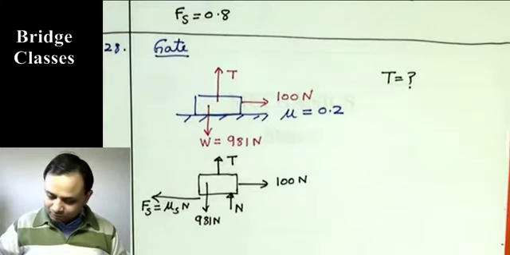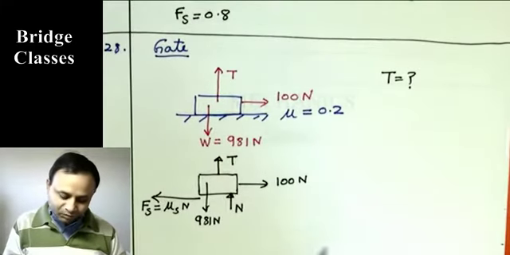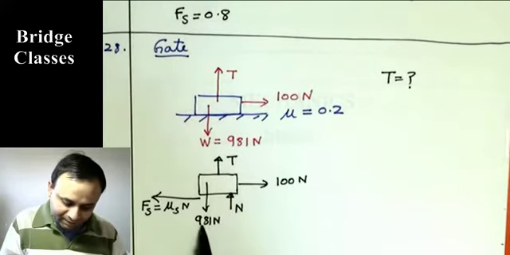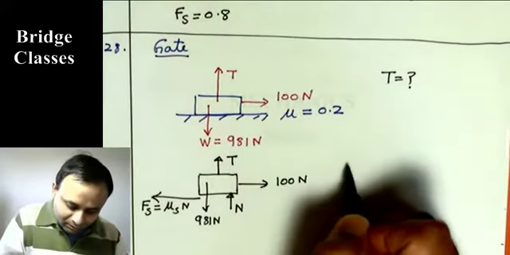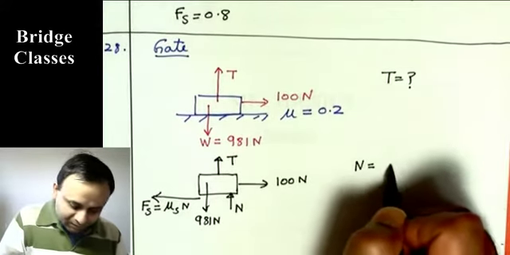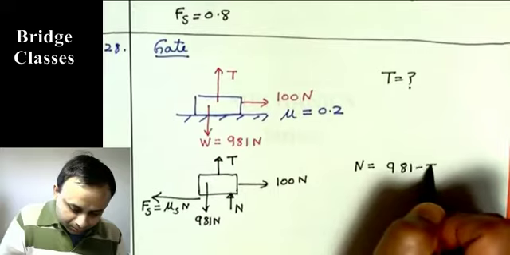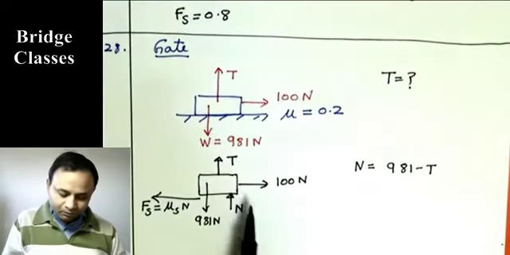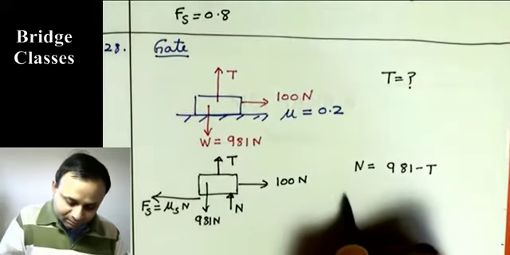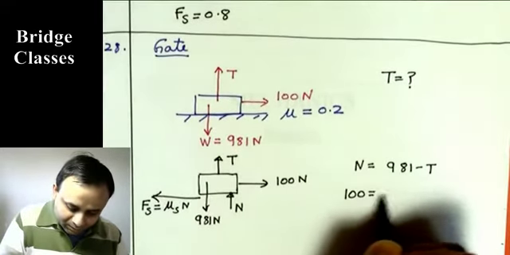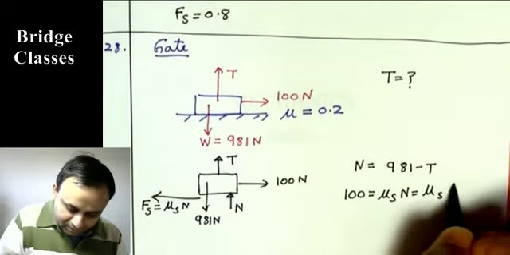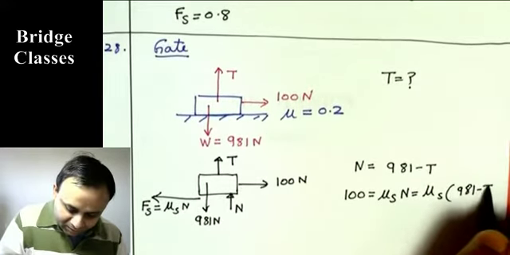So that is the free body diagram. Now we can do just the force balance on this. In the y direction, you get T plus N is 981 Newton, so N is 981 minus T. Doing force balance in the horizontal direction, you get 100 is mu s n, that is mu s times (981 minus T).